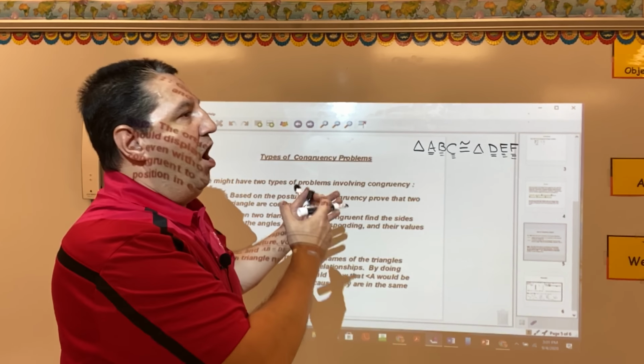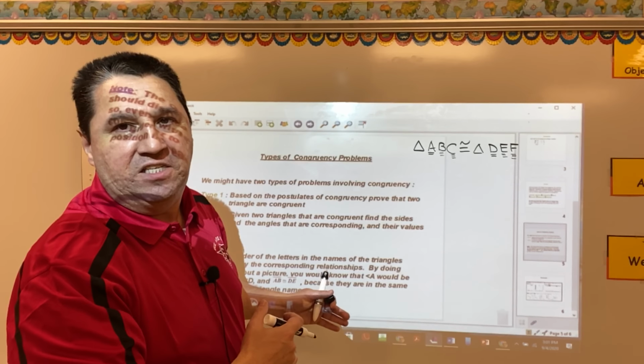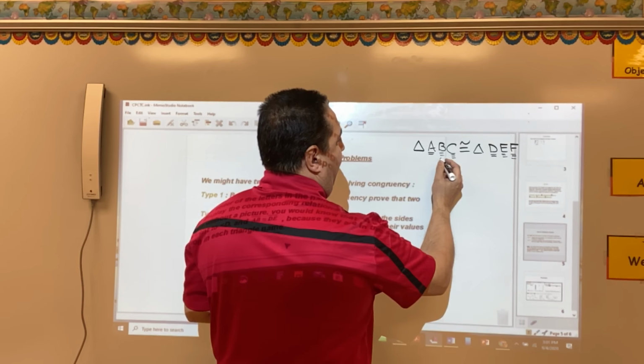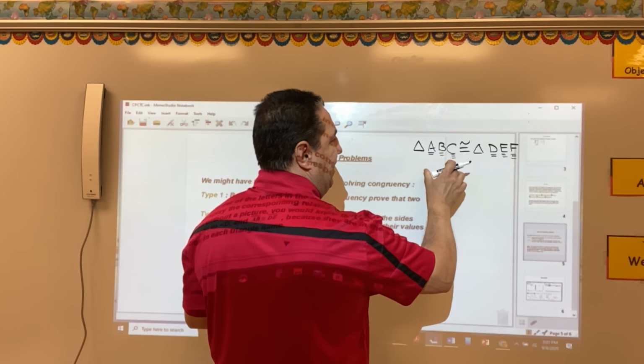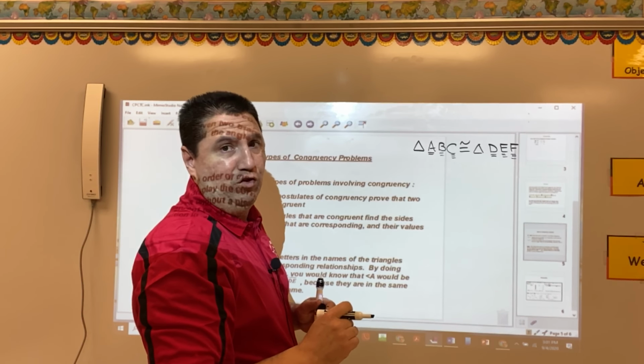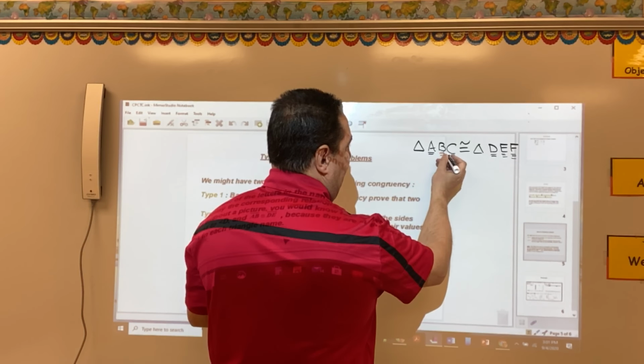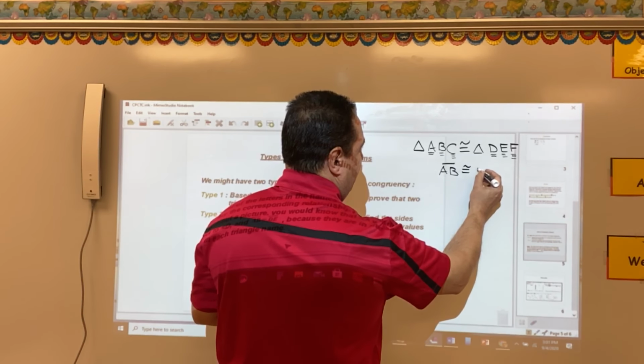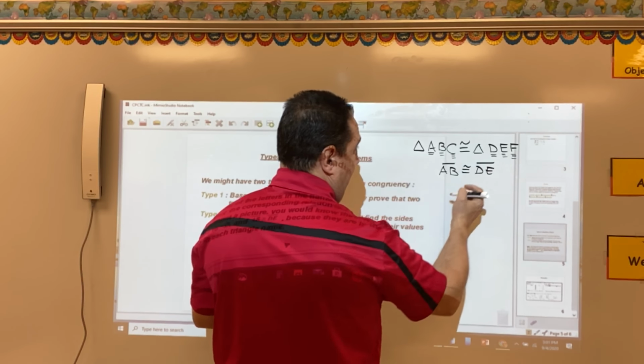So, how do we write the congruency statement using this rule? First, let's write the congruency statement for sides. Side AB is congruent to side DE. Why?